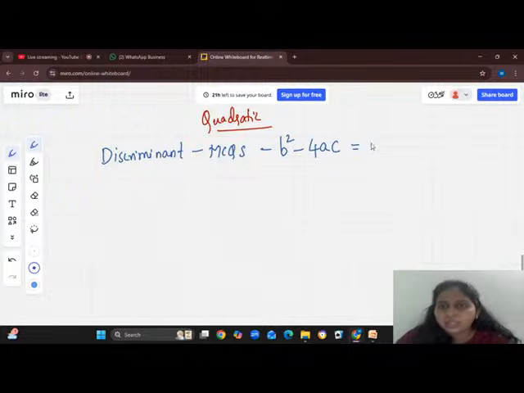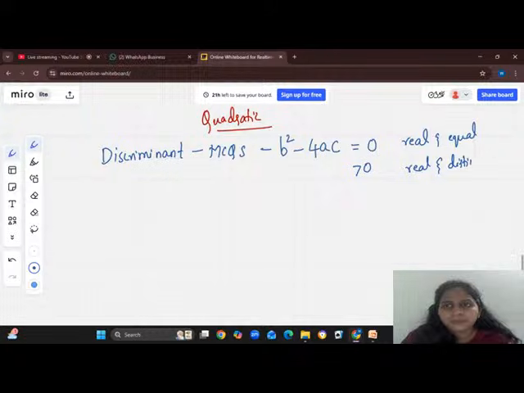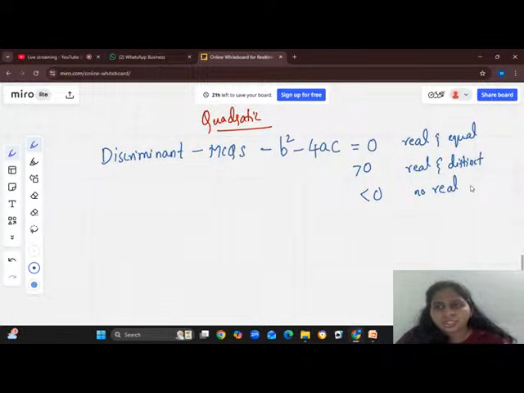When it is equal to 0, you will get real and equal roots. When it is greater than 0, real and distinct roots. And when it is less than 0, no real roots are going to come.